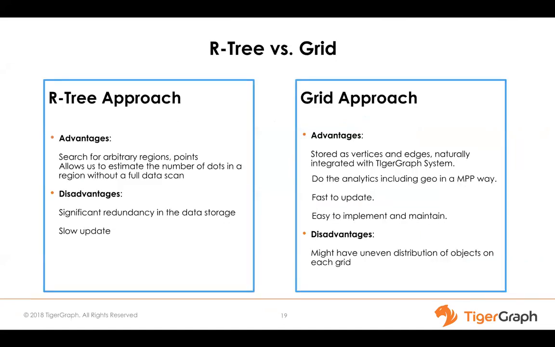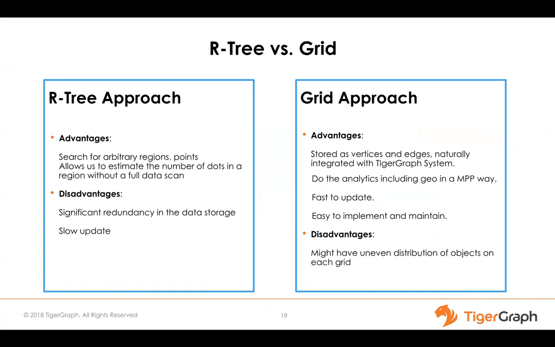So you may want to ask, you adopted a grid-based geospatial system, so what's the difference between it and the R-tree? The advantage of R-tree is that it allows you to search flexibly. You can search for any arbitrary regions or shapes.